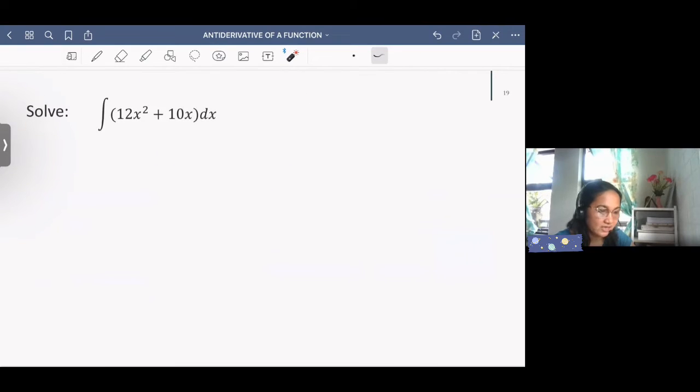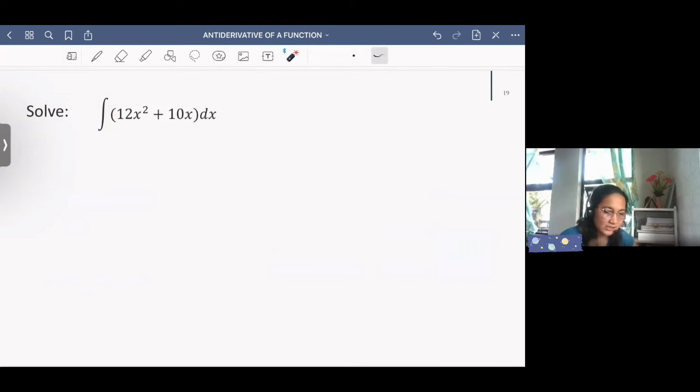For this first example, we have the integral of the quantity 12x squared plus 10x dx. As you can see, I enclosed 12x squared plus 10x in parentheses to denote that this will serve as our integrand, because if we don't have the parentheses, the integral sign is only for 12x squared, and the dx is only for 10x.